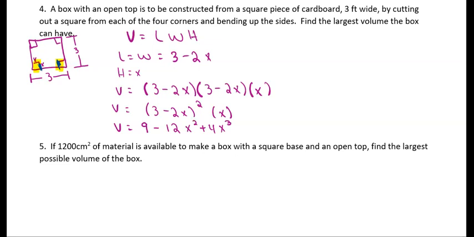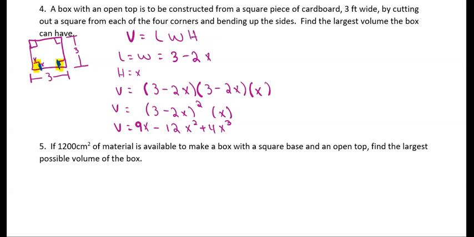This was 9, but we need to distribute our X, so that becomes 9X. There we go. Multiplying all of this out, it looks like we get 9X minus 12X squared plus 4X to the third. So we've gotten an equation.